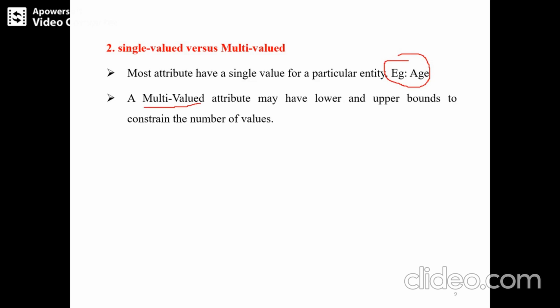But multi-valued attributes are attributes that will have a lower bound and an upper bound for the constraints on the number of values. That means two or more values can exist for that attribute. For example, you can see here mobile number as well as email ID.